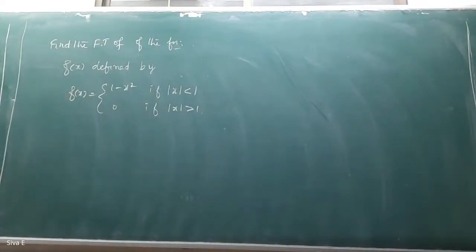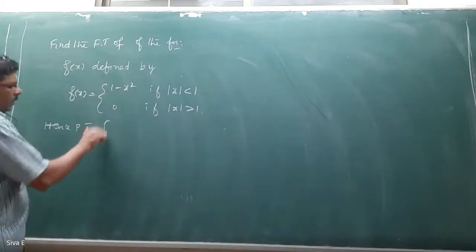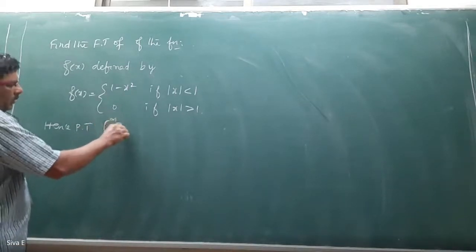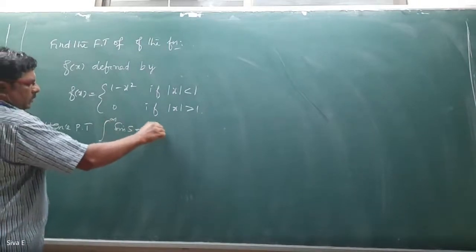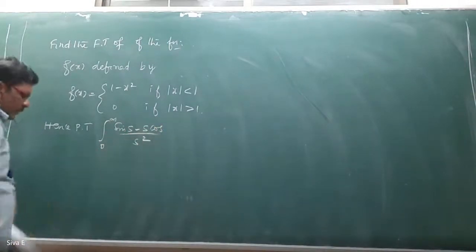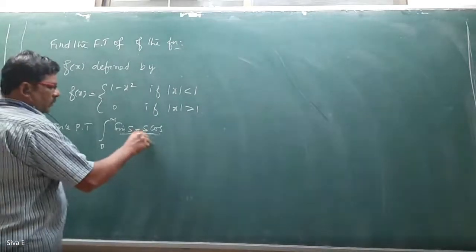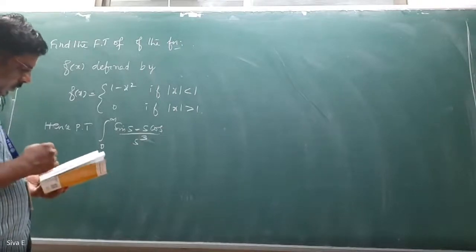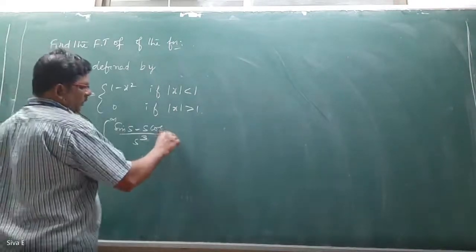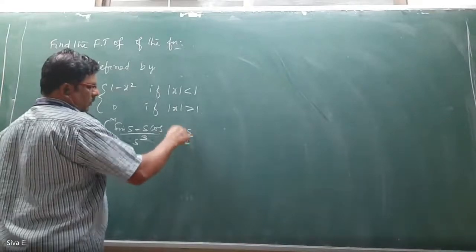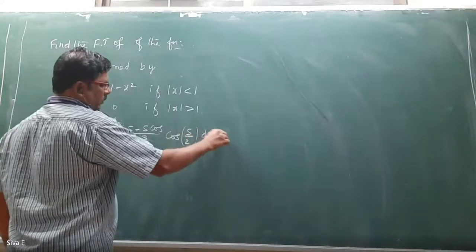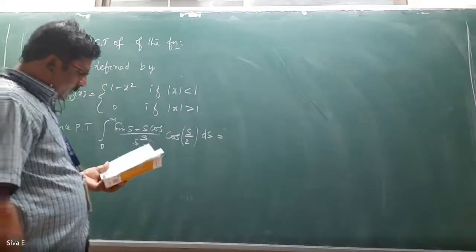Hence prove that the integral over 0 to infinity of (sin s minus s cos s) by s cube, times cos s by 2, ds, is equal to 3 pi by 16.